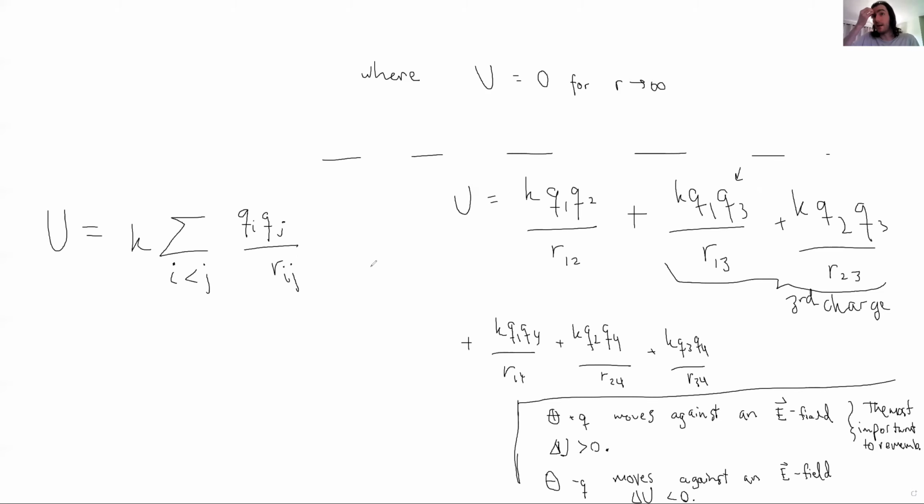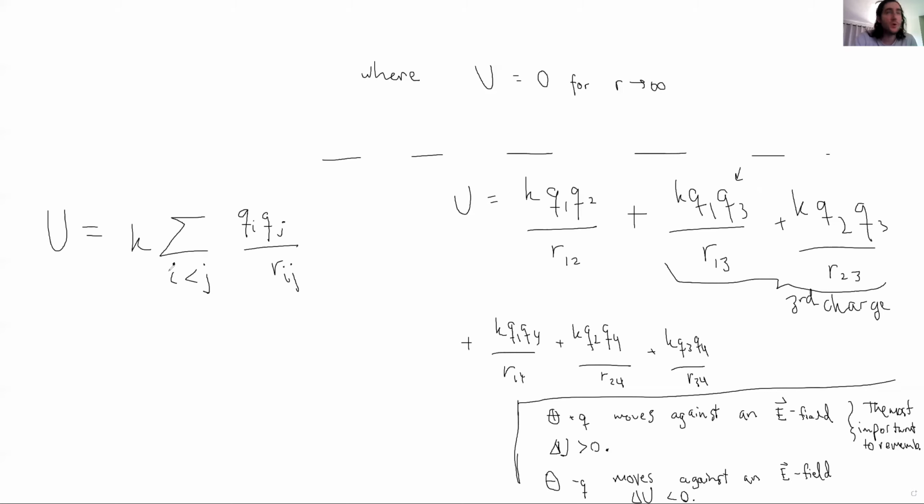So what does this mean? Well, first you think about what if i is 1? Okay, if i is 1, we only have one charge, right? Well, there's no potential energy if you just have one charge. You need at least two charges to have a potential energy. Okay, so suppose j is 1. There's only one charge, there's no potential energy. Okay, now suppose j is 2.